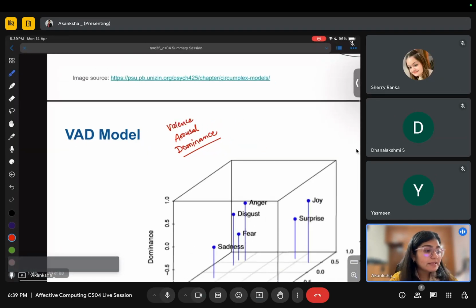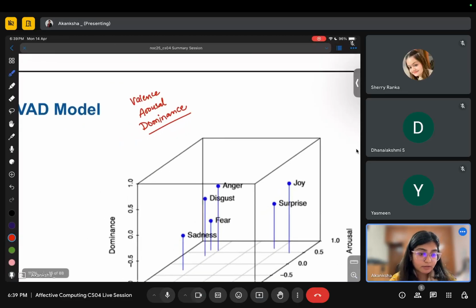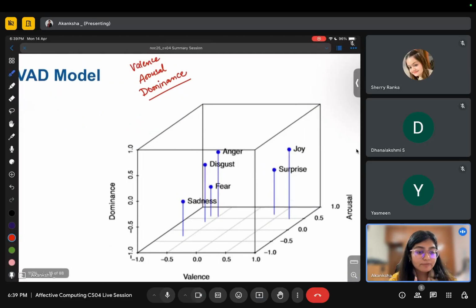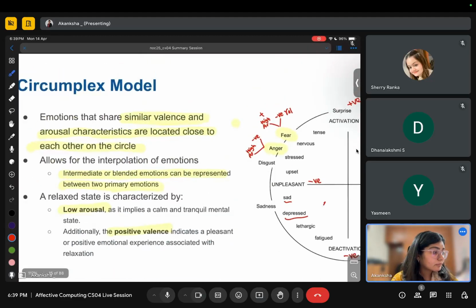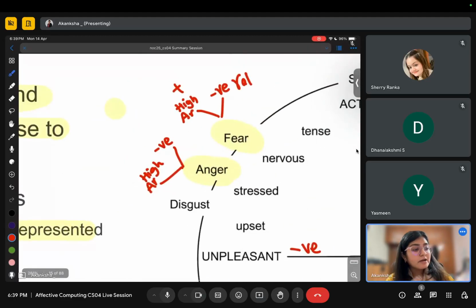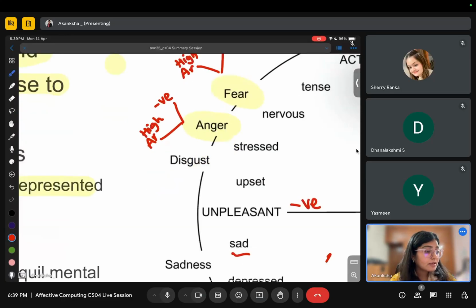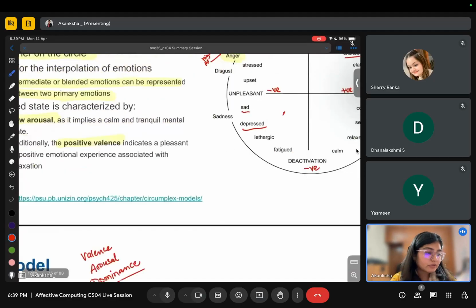Dominance basically means how controlling you are, right? We just saw an example, fear and anger. If both have these characteristics, which is high arousal and negative valence, then how can you differentiate between these two emotions? So we need a third dimension.